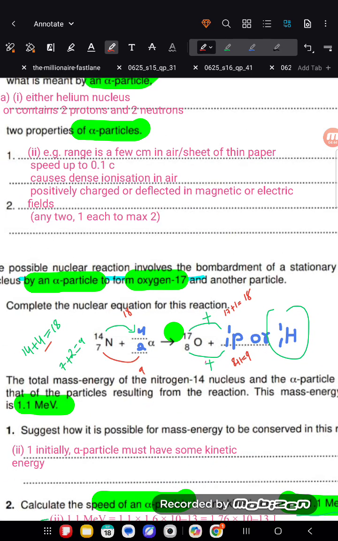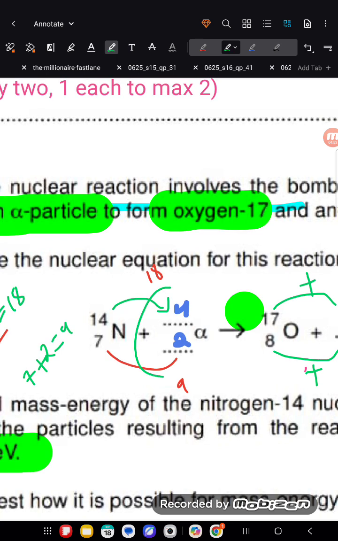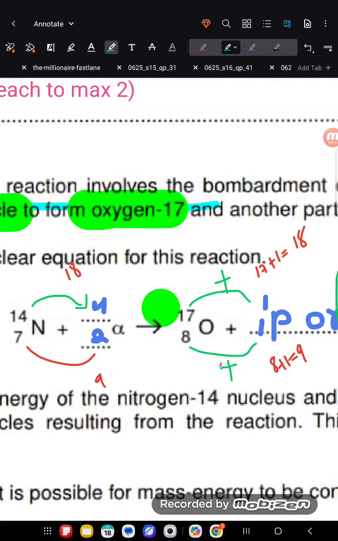Okay, right side number should be equal to left side number. Right, left side number should be equal to right side. Because this is alpha decay, we have to write this 4 and 2. So here we have to change, right? They have given 17 here. So what is the remaining number? We will write with the proton.